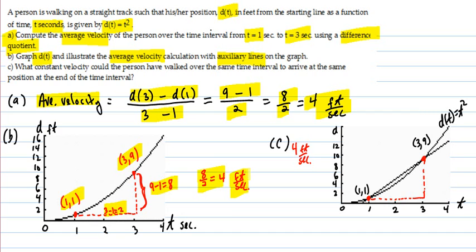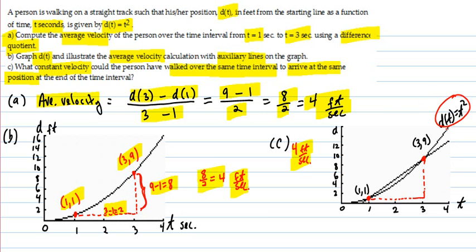Part C, what constant velocity could the person have walked over the same time interval to arrive at the same position at the end of the time interval? So it would have been that constant average speed, which is 4 feet per second, illustrated over here on this graph.